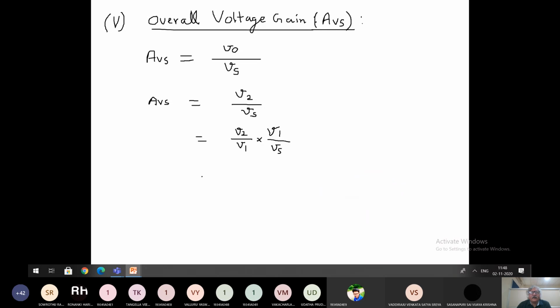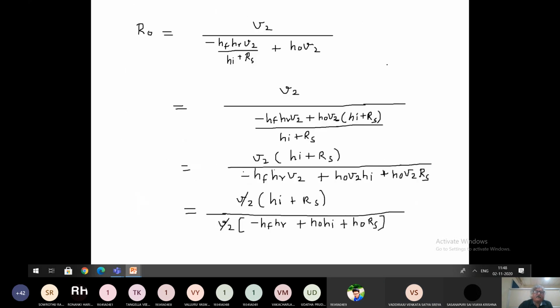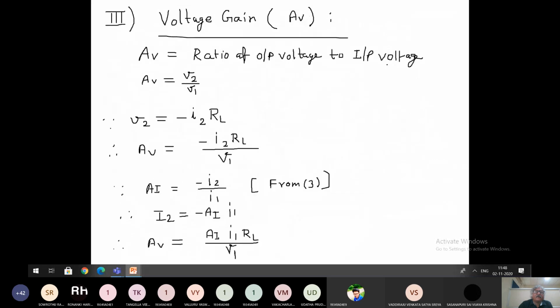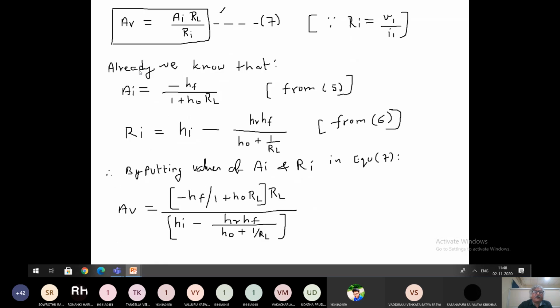So in this way, what benefit will I get? V2 by V1. Can someone tell what is V2 by V1? What can we write for V2 by V1? AV. Yes, this is the voltage gain, right? You see here, this AV is V2 by V1.